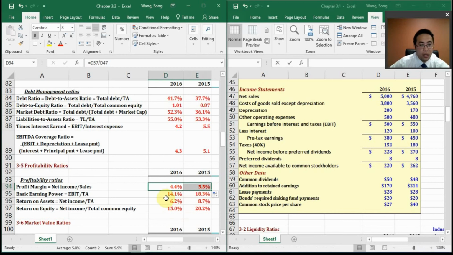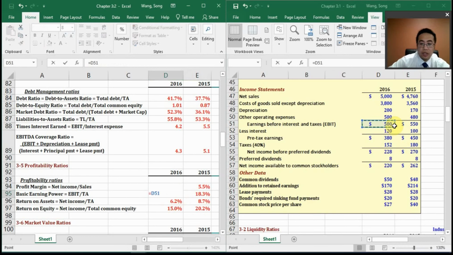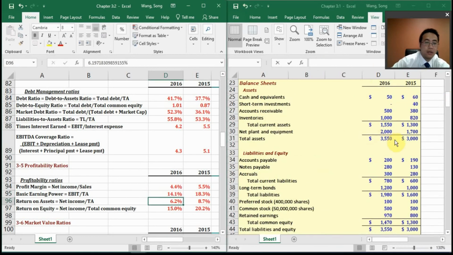The basic earning power is your operating income divided by the total assets. All right, then drag it. Of course, for all these profitability ratios, we want them to be as high as possible.